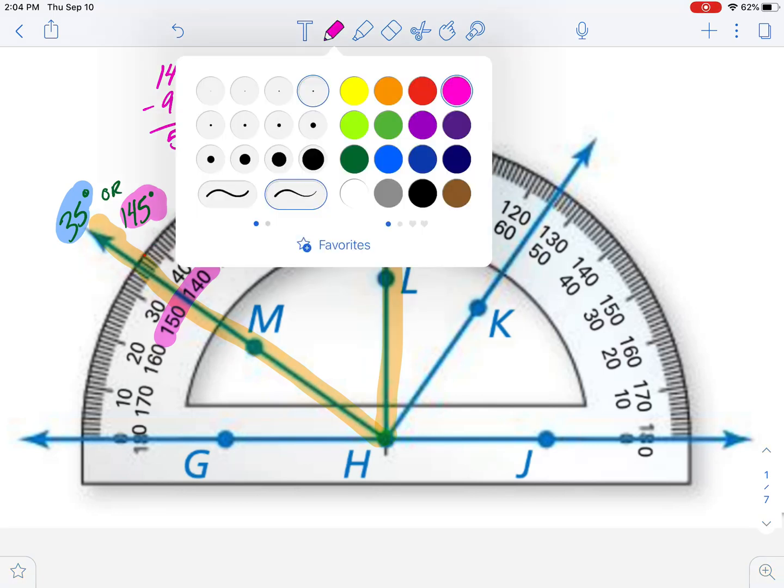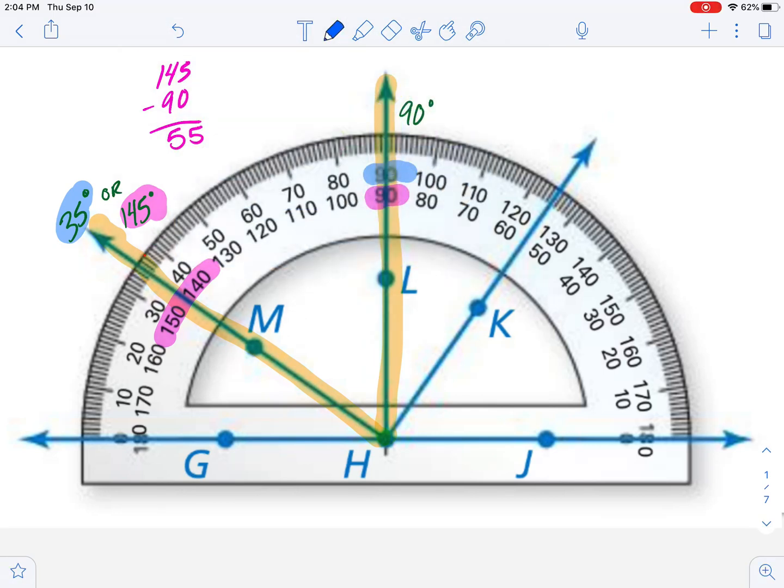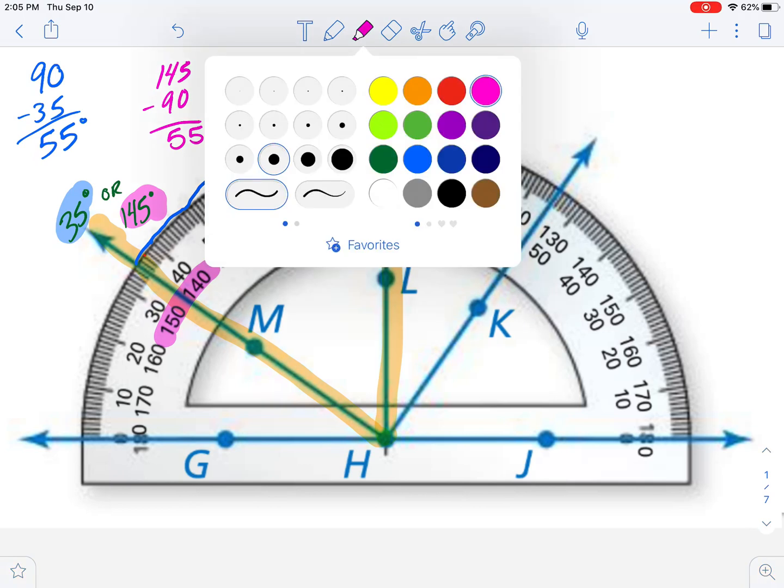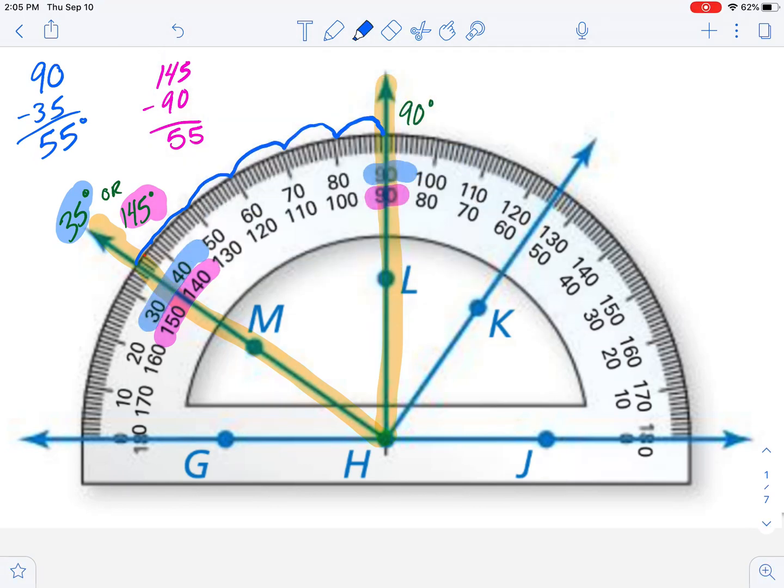Or if we want to use the blue numbers, I can go from 35, let's go 5 over to 40. So 15, 25, 35, 45, and 55. So if I did 90 minus 35, I'll still get 55, because I was consistent, I picked the top row of numbers.